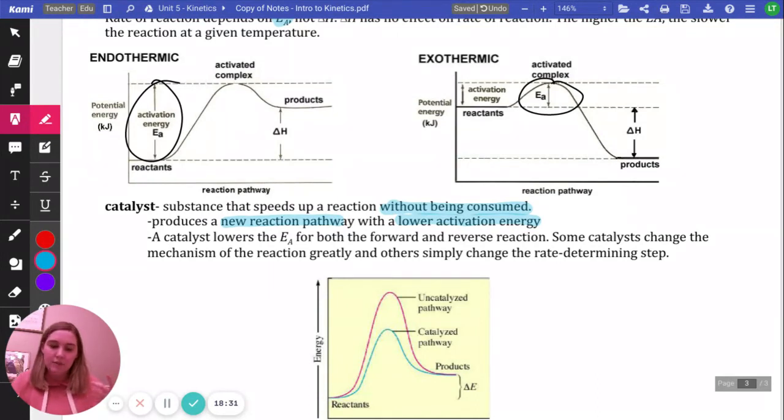They can either change the mechanism, or they can just be a place where the reaction takes place so the molecules are oriented properly. Sometimes they will help create an intermediate, and then that intermediate is consumed later. So catalysts change the mechanism, or they change the rate determining step somehow. So that's what catalysts do.